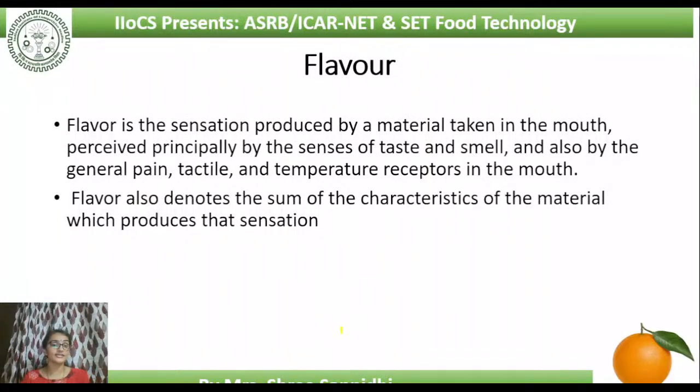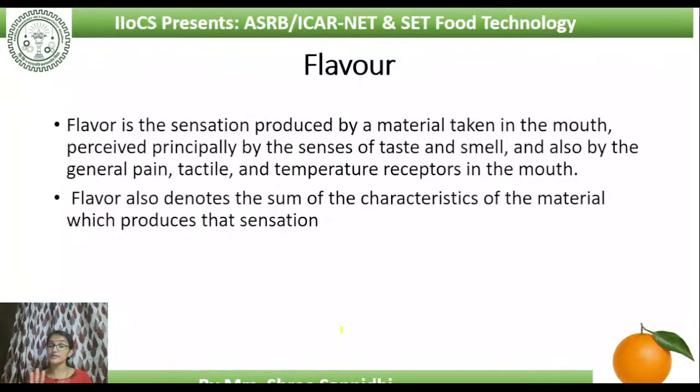The next one is flavor. Flavor is the sensation produced by a material taken in the mouth and perceived principally by the senses of taste and smell, and also by the general pain, tactile, and temperature receptors in the mouth. So this simple word flavor is a combination of various feelings.